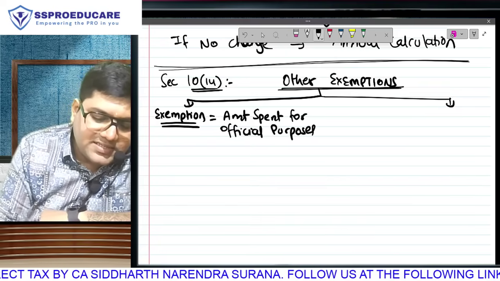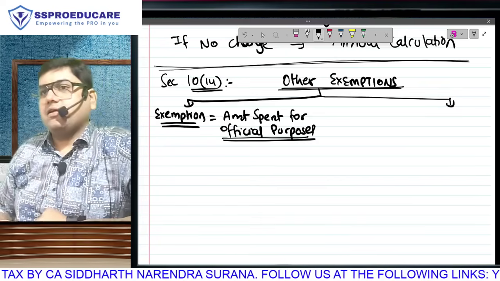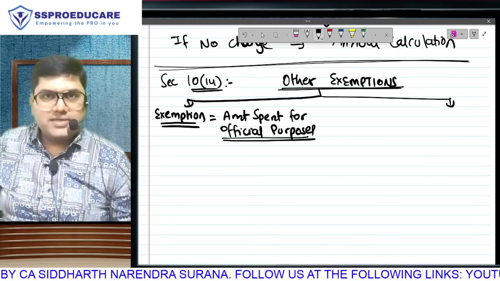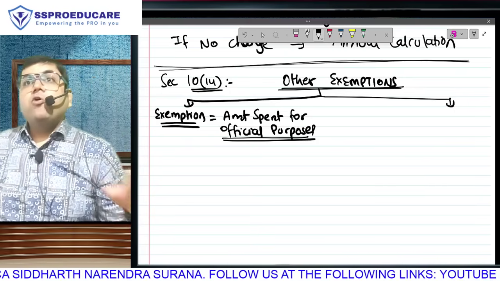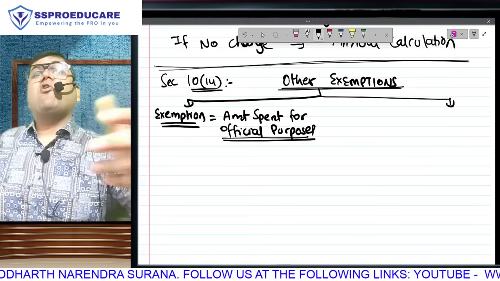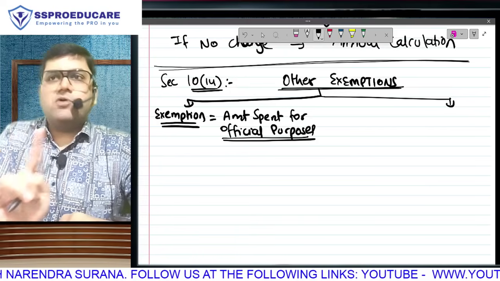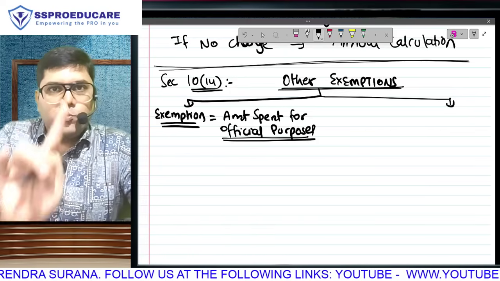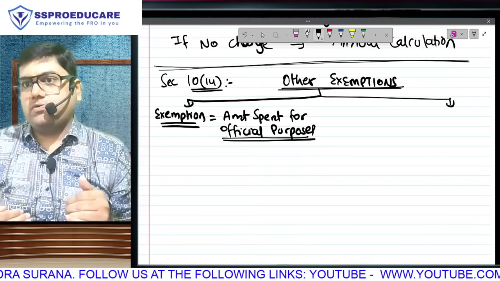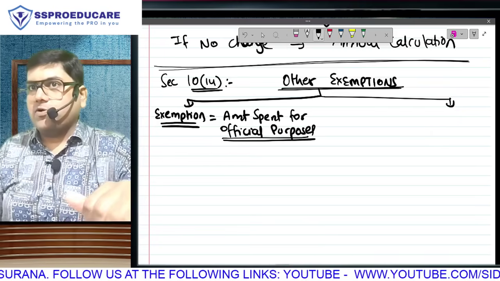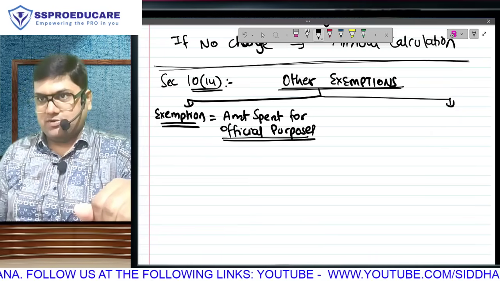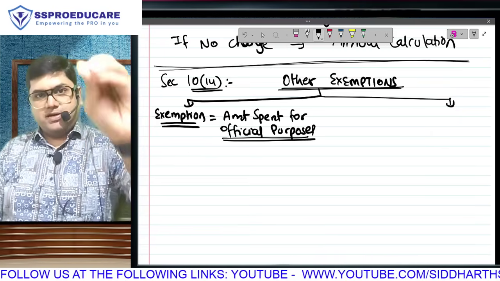The second category we will discuss later, but understand the first category first. Your boss is giving you money, that is the allowance. From that money you have done some office-related expenditure. First of all, understand any amount can be taxable for you as an employee only if the benefit accrues or arises to you. The moment the benefit goes to your employer organization, it can never be taxable for you. So the boss gives you money.